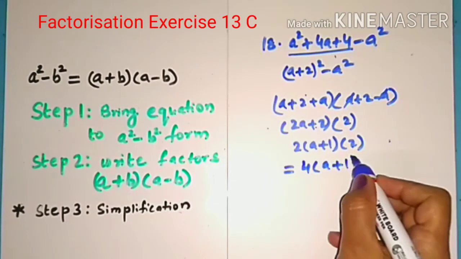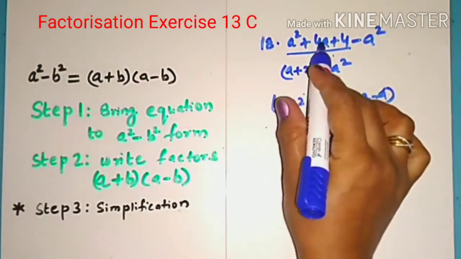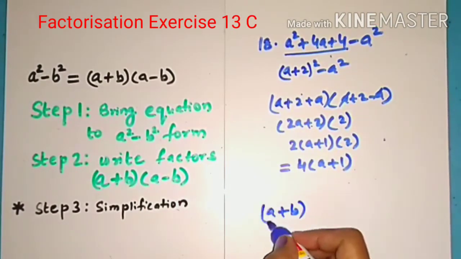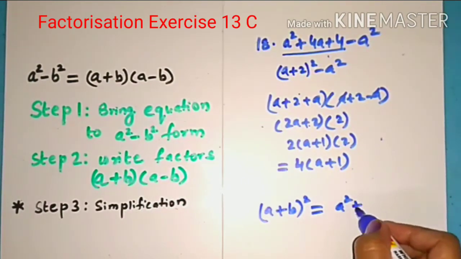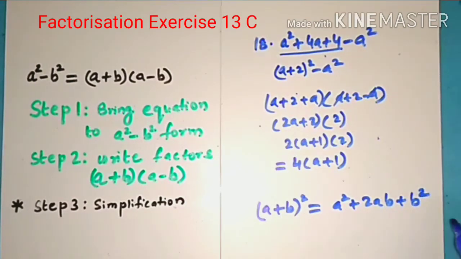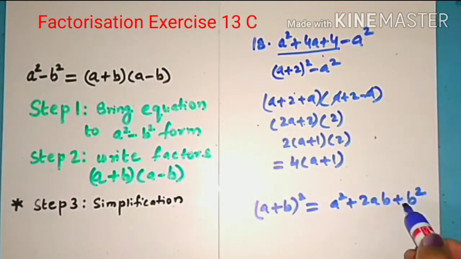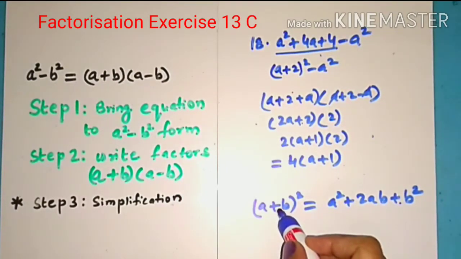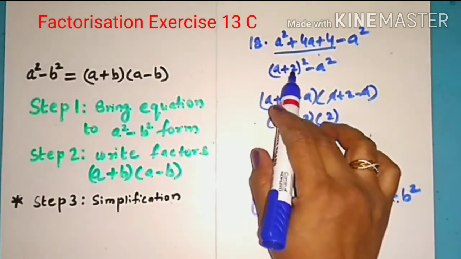This 2 also can be brought in front, and we will have 2 2s are 4 (a plus 1). Now how I have changed this: I have used the identity (a plus b) whole raised to square is equal to a square plus 2ab plus b square. I have three terms here in this form and have converted to (a plus b) whole raised to square form. So these three terms become (a plus 2).